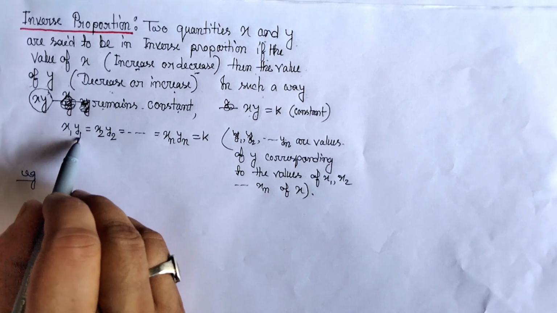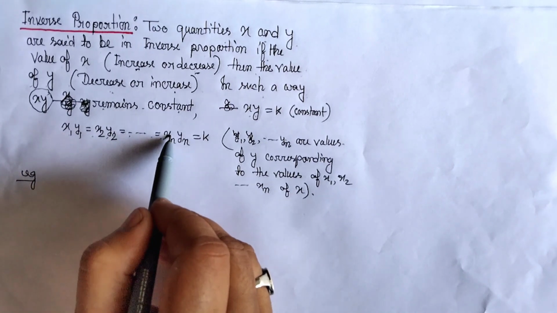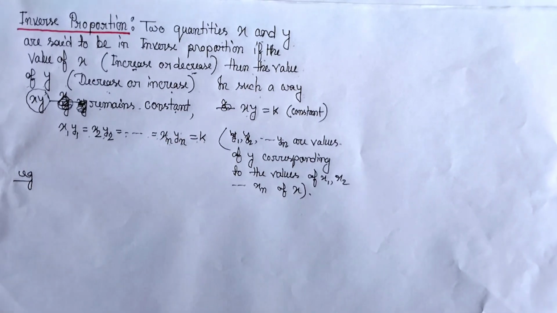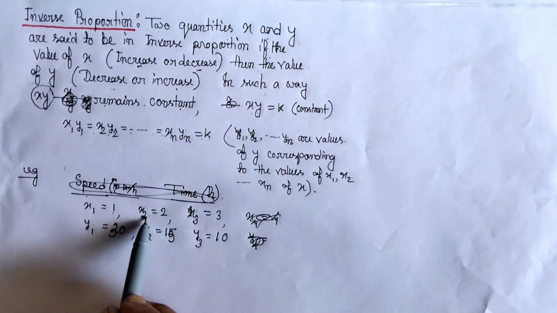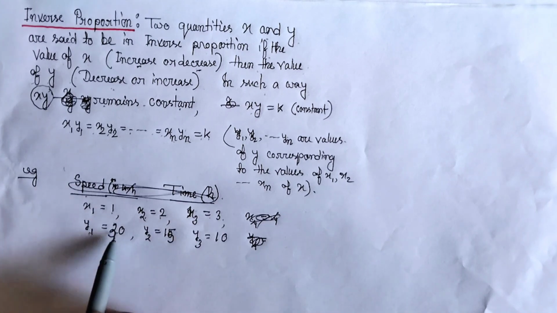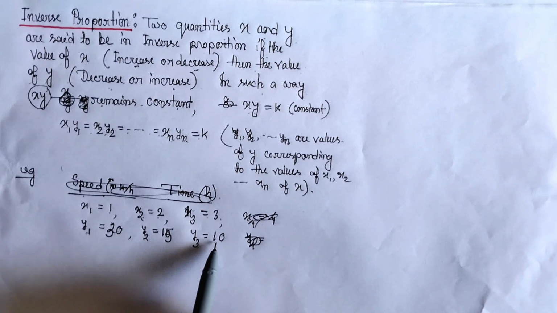So here x1 y1 equals x2 y2 equals and so on up to xn into yn equals k, that means constant. Here x1 equals 1, x2 equals 2 and x3 equals 3. Then y1 is 30, y2 is 15 and y3 is 10.